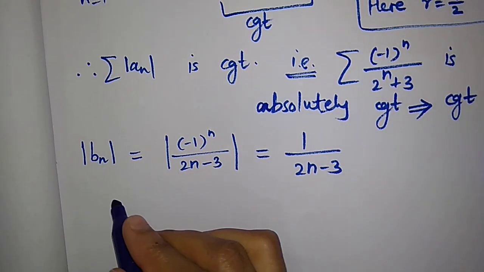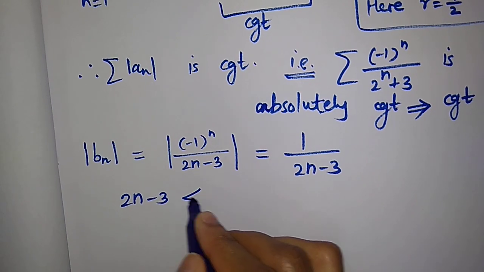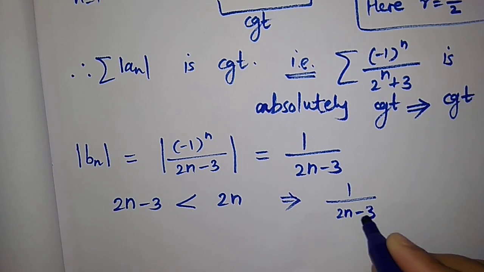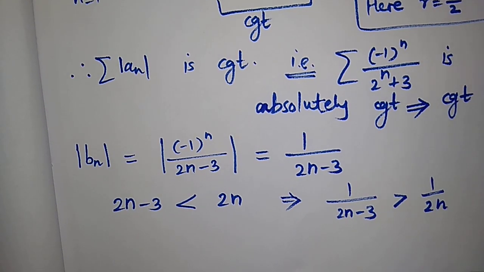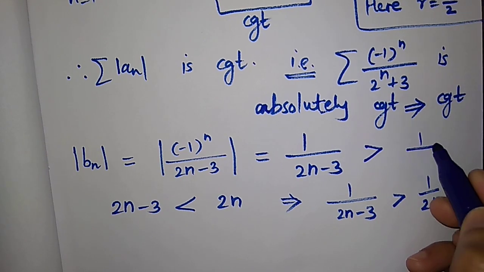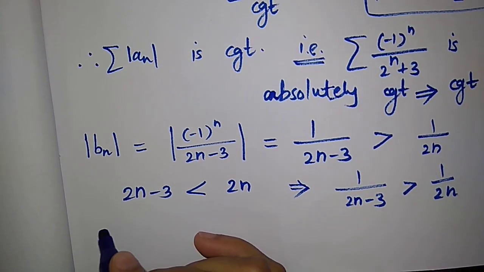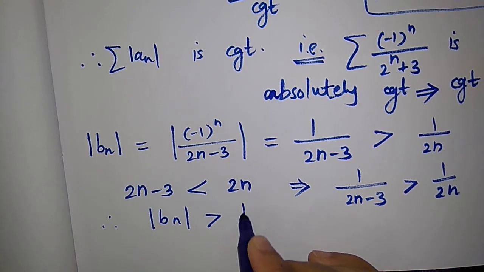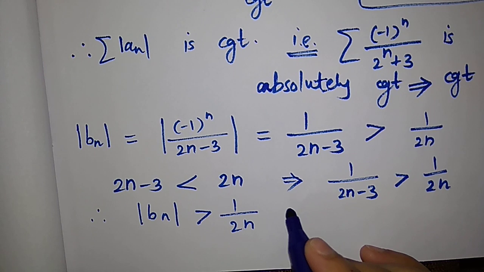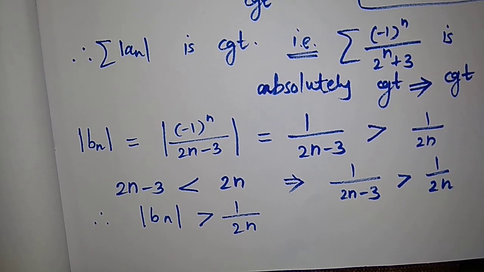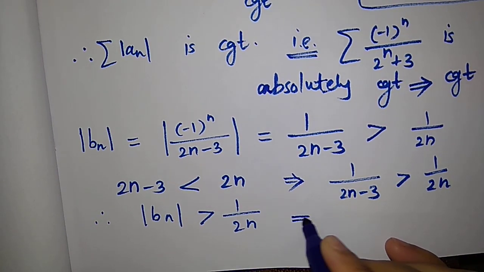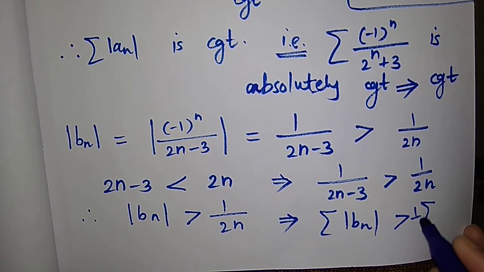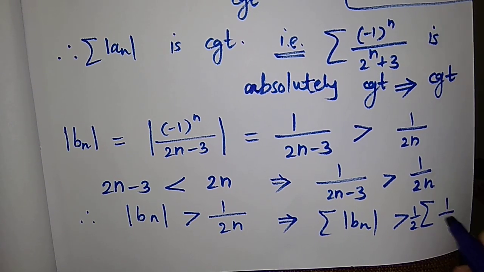Now just observe that this 2n minus 3 is always less than 2n. So this will imply 1 by 2n minus 3 is greater than 1 by 2n, correct? Therefore mod b_n is greater than 1 by 2n. When you apply the sum on both sides, summation of mod b_n is greater than summation, taking 1 by 2 outside, of 1 by n.